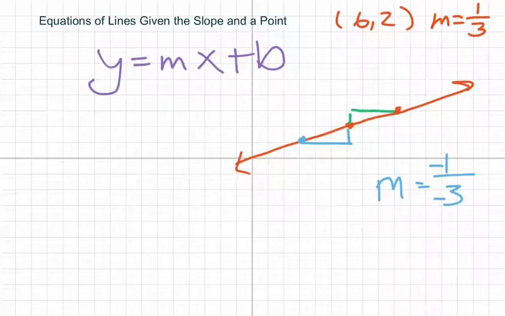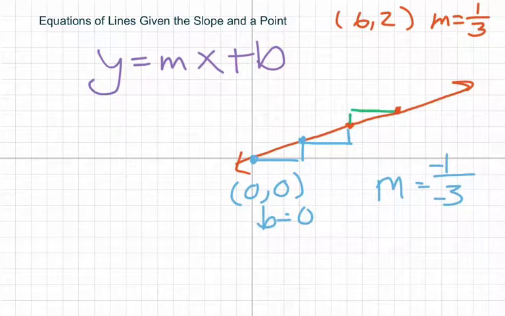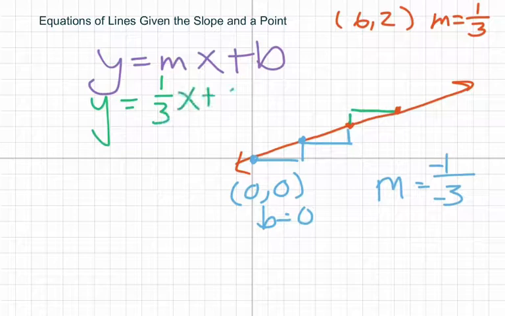Then I could do it again, down 1 and left 3, and it turns out that I actually can find the y-intercept. The y-intercept in this case is the origin, the point (0, 0). And so my b value is 0. So if I were to write the equation of this line, I could write y = 1/3 x + 0. And we, of course, do not need to write the plus 0.